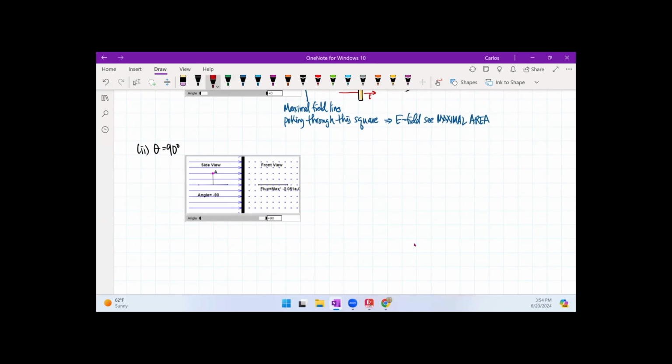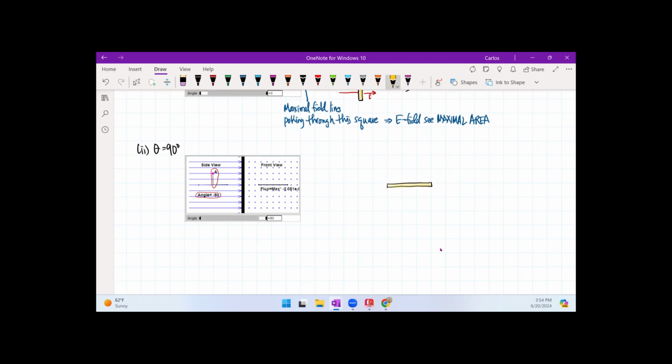And look at the area vector. It's perpendicular to the surface. So I now have my rectangle, and it's right here. Now remember, this is infinitely thin. It's a line.